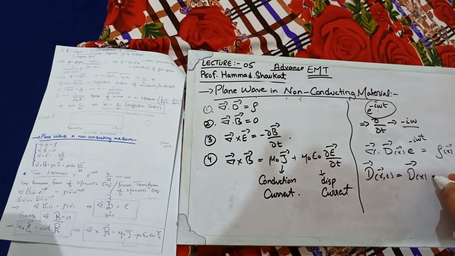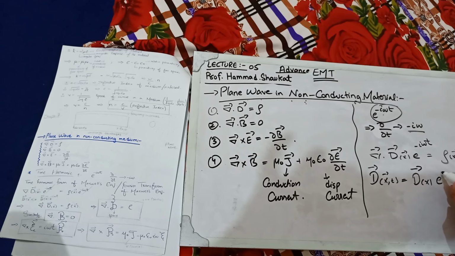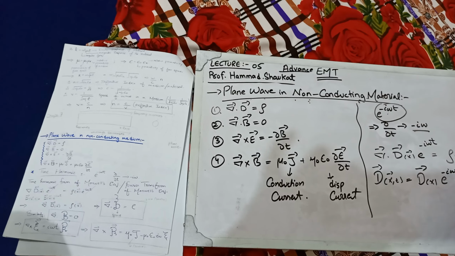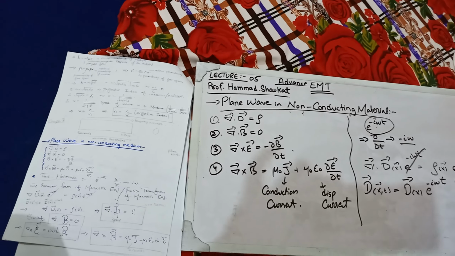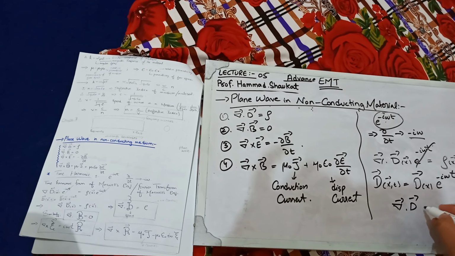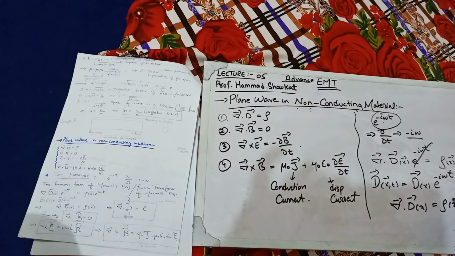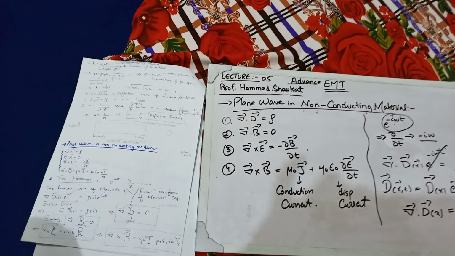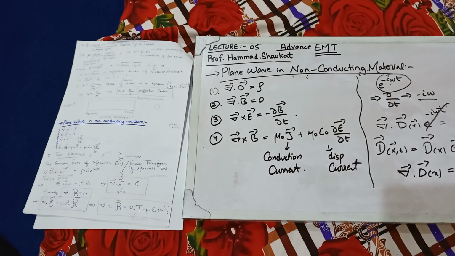We take the space coordinate complete, and for the time coordinate you add minus iota omega t, the same thing I write here. So this cancels with this, and you only get del dot d of x, which equals rho of x. So this is the Fourier transform of Maxwell's equations.